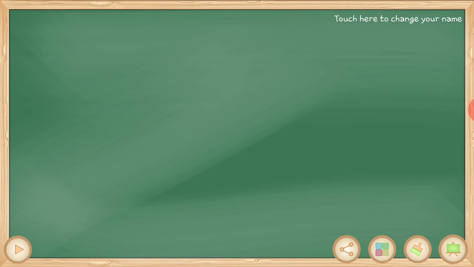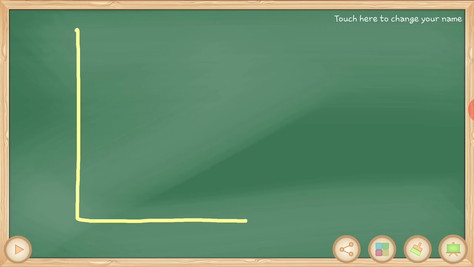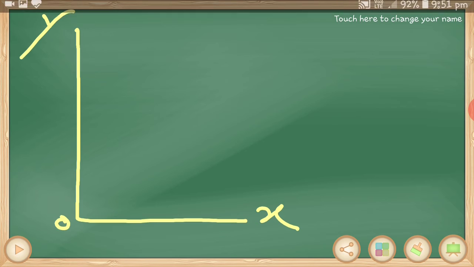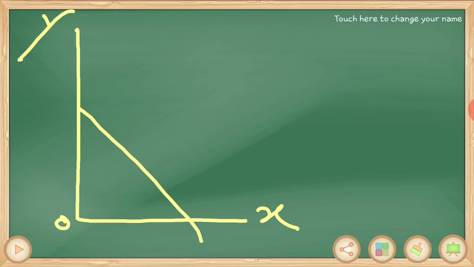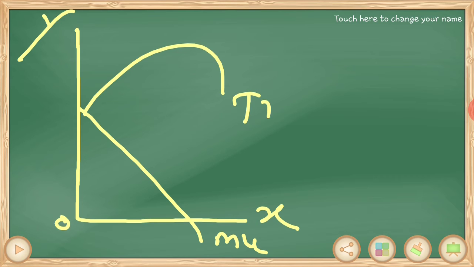The concept of the law of diminishing marginal utility is explained with the help of a diagram and the numerical example which we already discussed. According to the numerical example, this is the marginal utility curve, and dear students, this is the total utility curve.